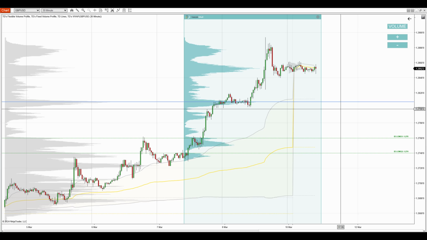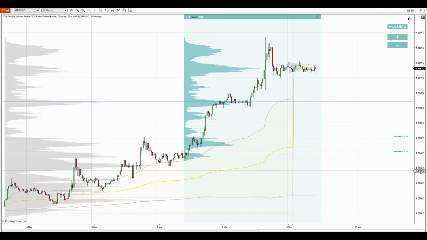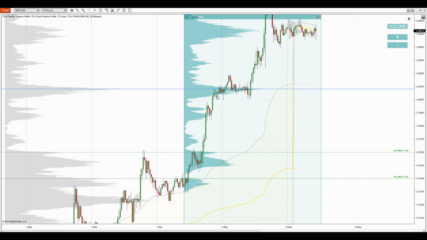Now the reason I decided not to take it is there's a very weak low here. All those candles turned at the same level. This is a weak low, right? This is a failed auction. The price likes to test that.